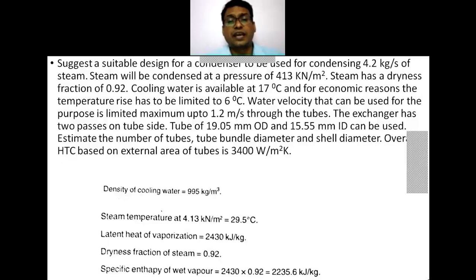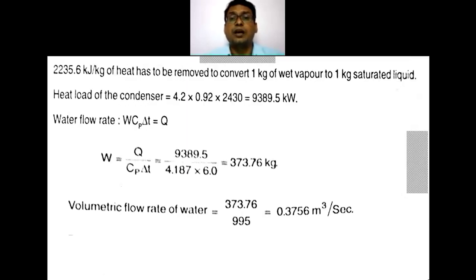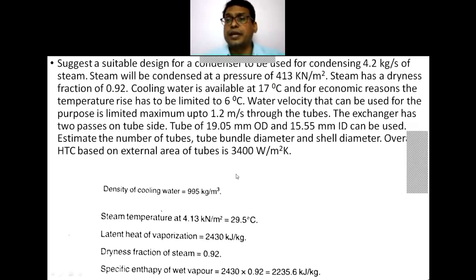So the specific enthalpy of the wet steam vapor is latent heat into the dryness fraction. This much amount of heat, 2235 kilojoules per kg, has to be removed to convert 1 kg of wet vapor to 1 kg of saturated liquid, and its flow rate is mentioned as 4.2 kg per second.